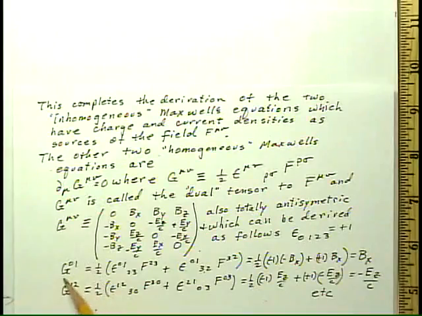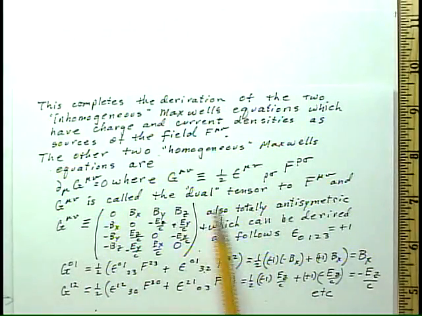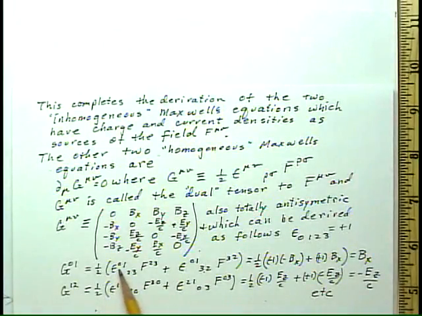Proceeding with this equation, we now start out with G01. G01 we can actually show is, now I'm going to do this derivation right here, 1/2 of epsilon 0, 1, 2, 3 F23 plus epsilon 0, 1, 3, 2 F32. There are no other possibilities that are non-vanishing, because recall that epsilon must have all four components as transpositions of 0, 1, 2, and 3, and no two can be the same.